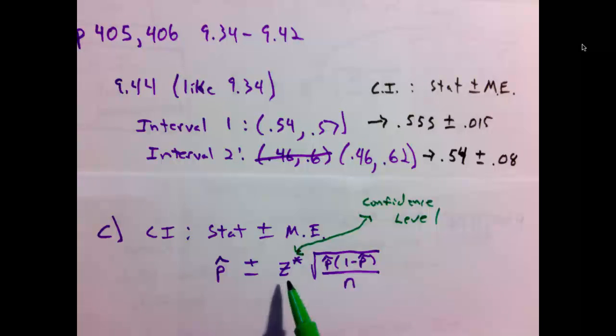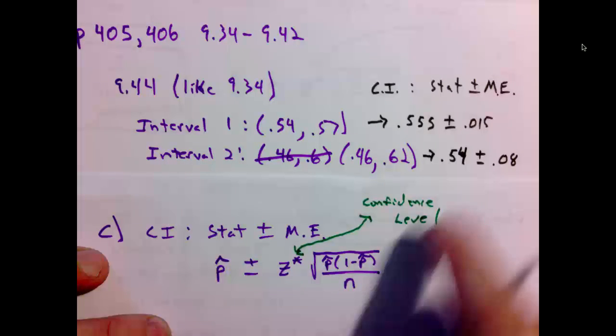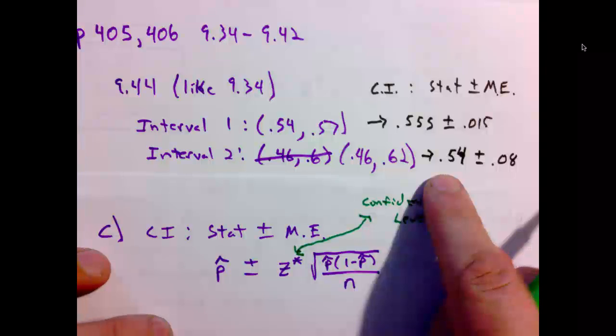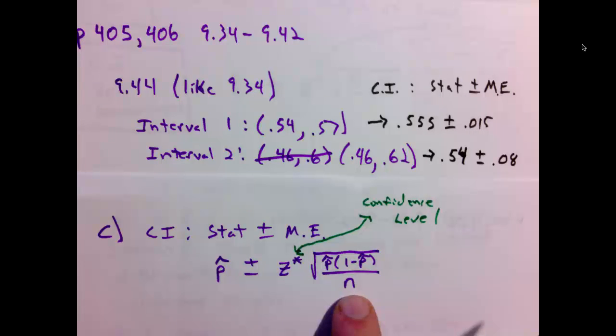So in our problem, they're telling us that the z star is the same, and our p hat is virtually the same. We see 0.555 and 0.54, so our p hat is very close. What must be different is n in these cases, and this is in the denominator. So the larger this value n, the smaller this quotient, and we saw that in our sampling distribution problem.